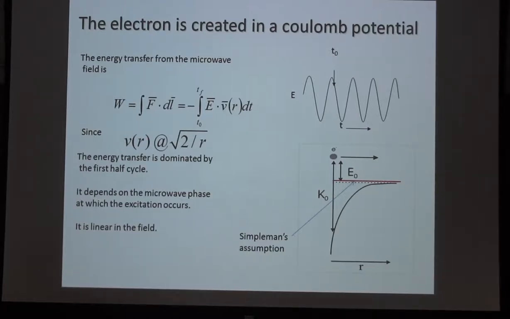This is supposed to be v of r approximately 2 over the square root of r. So the velocity here doesn't come from the microwave field, it's coming from the Coulomb potential. It's the square root of this kinetic energy. So most of the energy transfer is dominated by the first half cycle when the electron is in here. And since this all comes from the Coulomb potential, the energy transfer is linear in the electric field, not quadratic like the simple man's model.